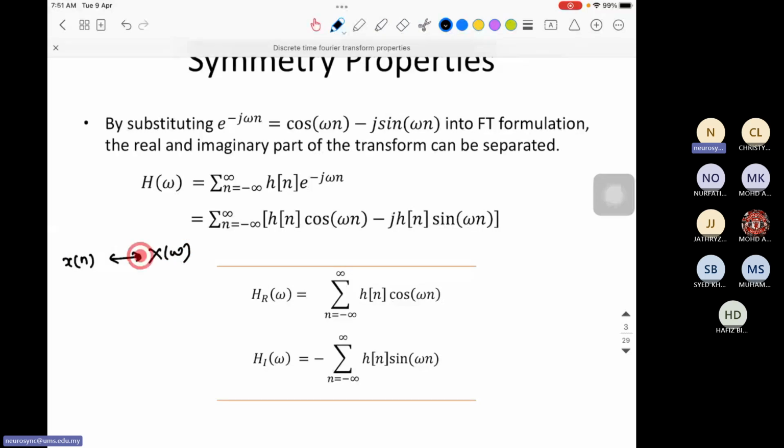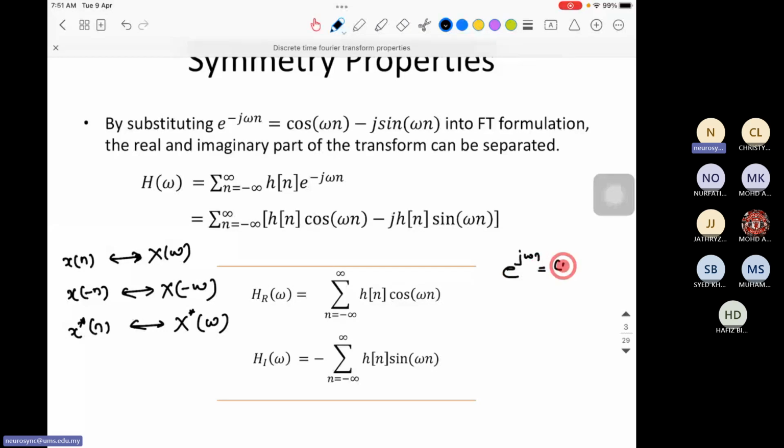Therefore I have shown it with a double arrow. X of minus n is X of minus omega. X conjugate of n is X conjugate of omega. Now e to the power j omega n is nothing but cos of omega n plus j times sine of omega n. This is an important trigonometric formula. In case of minus, you need to put minus here.